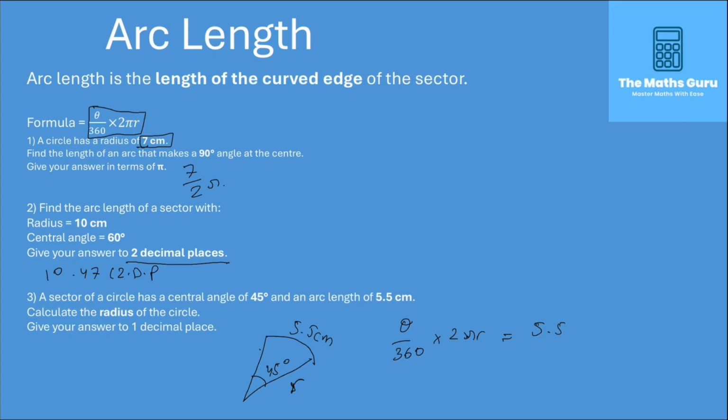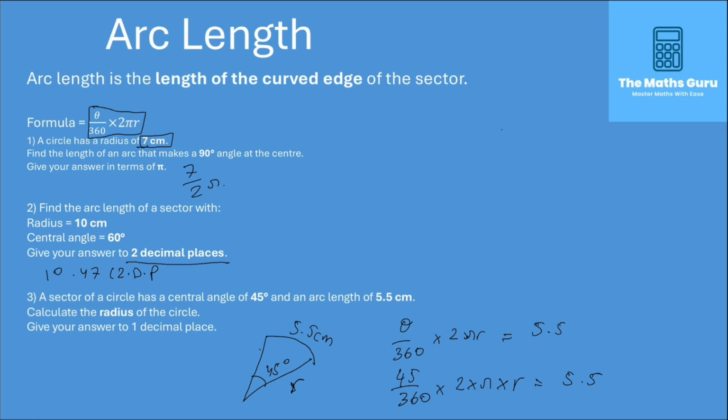Filling in the information we already know, we can say that 45 over 360 times 2 times pi times our radius, which we want to find out, is equal to 5.5. Now we can rearrange our formula to make r the subject and then solve for r. So 45 over 360 is equal to 1/8.